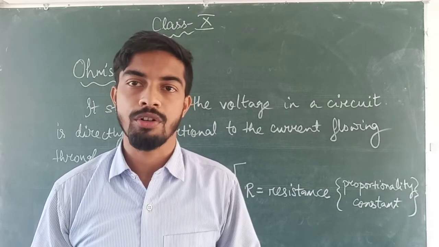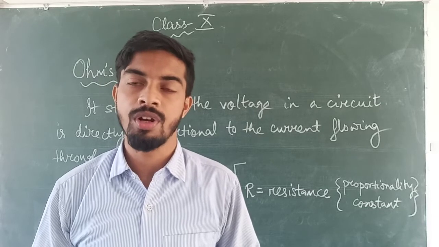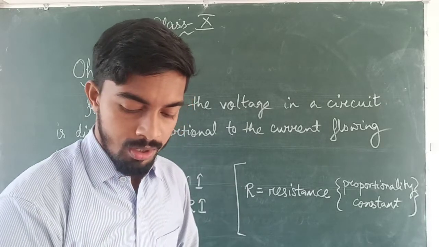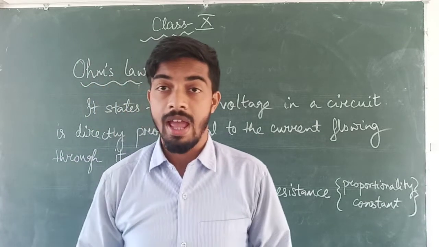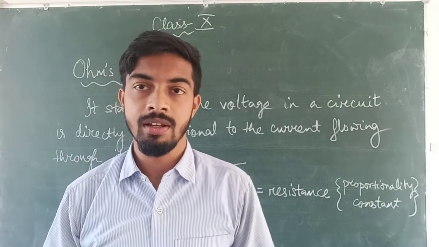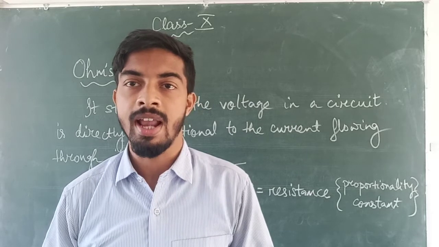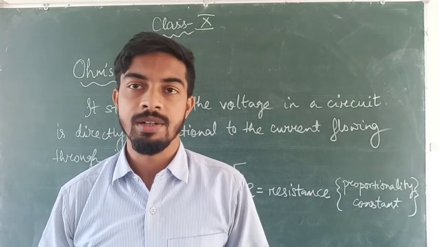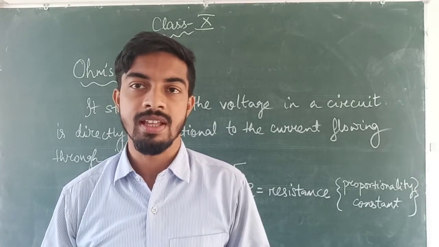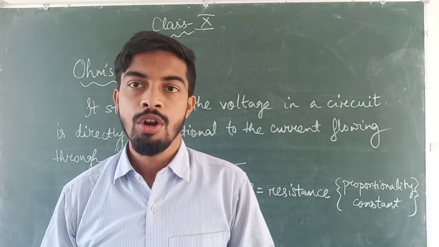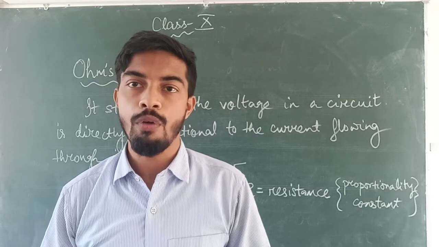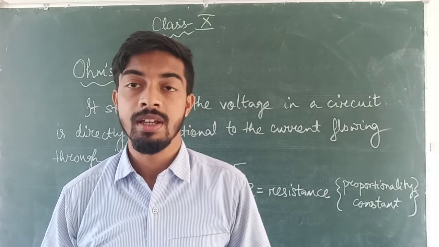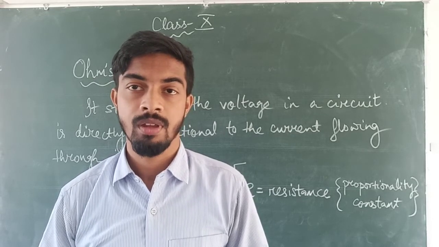The flow of electrons gives us current, and through current we get electricity. Inside every material there are atoms, and these atoms provide some opposition to the flow of the electrons. This opposition offered by the materials is known as resistance.